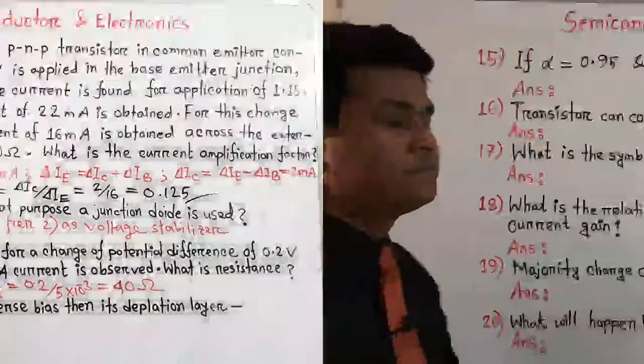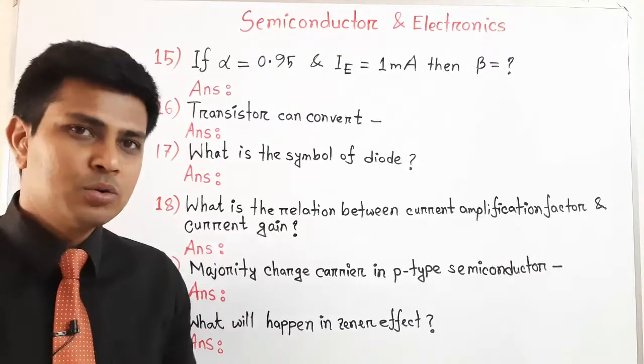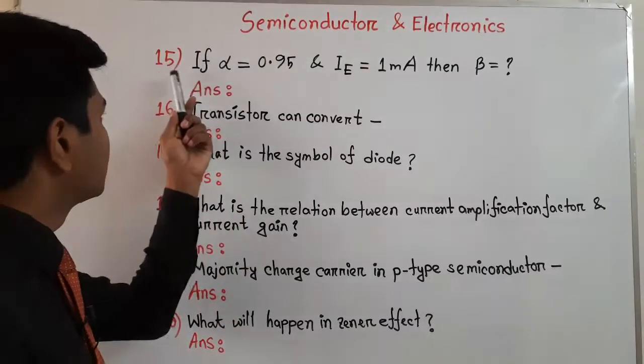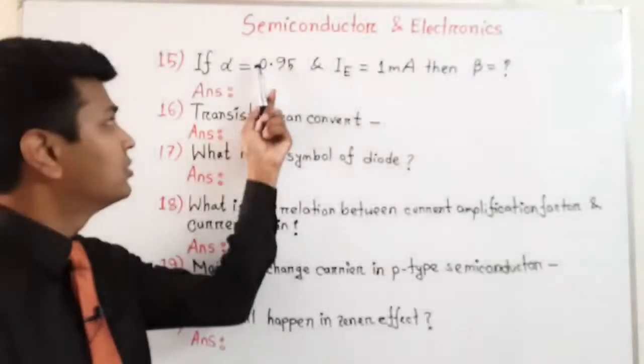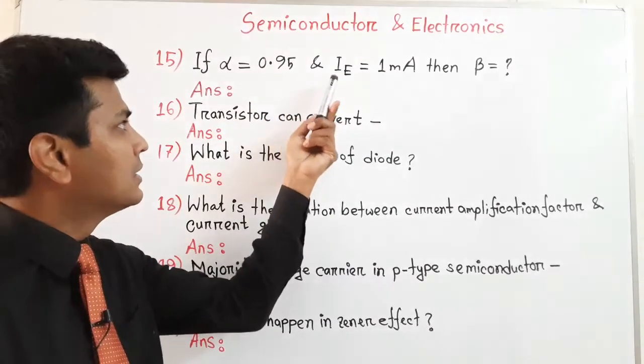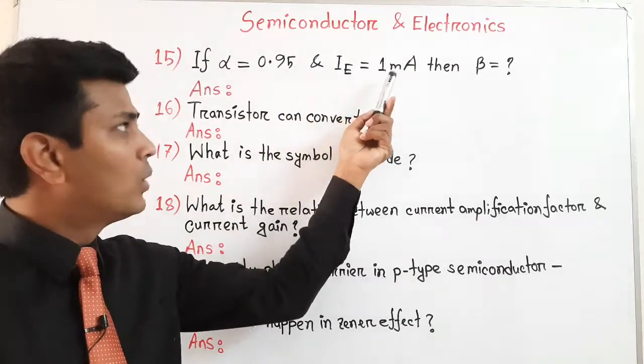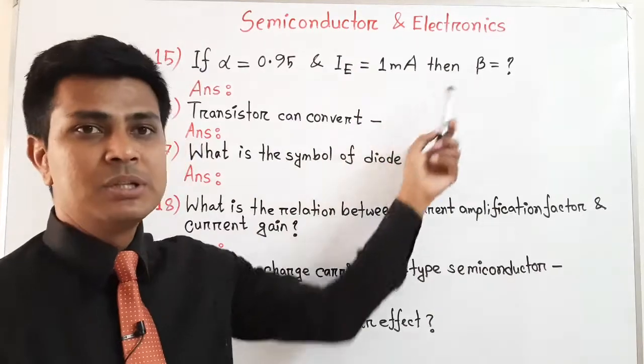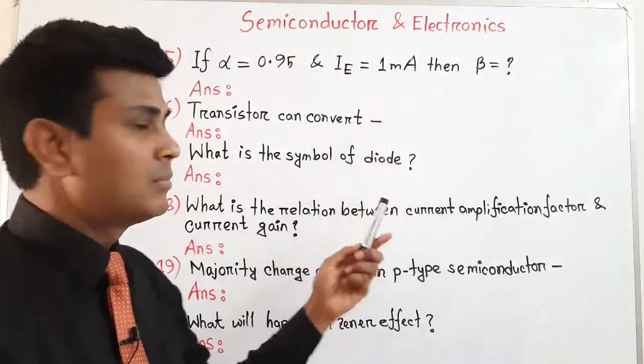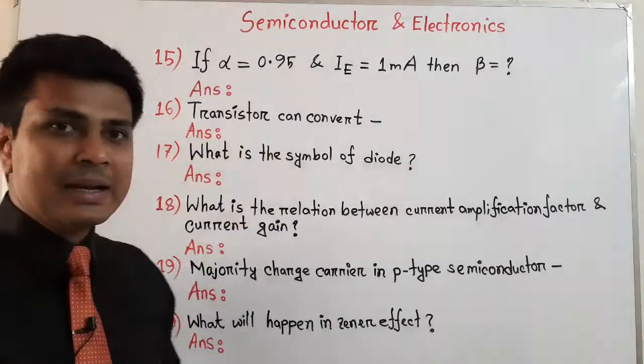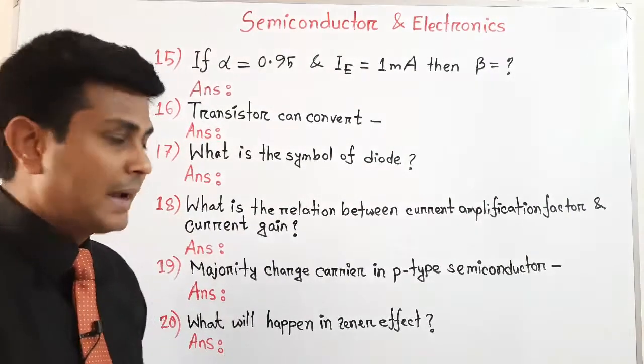Now question number 15. Here alpha is given as 0.95 and the emitter current is given as 1 milliampere. Then what will be the current gain beta? Alpha is called the current amplification factor.